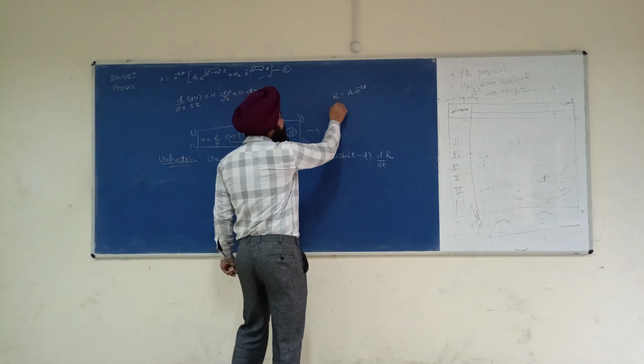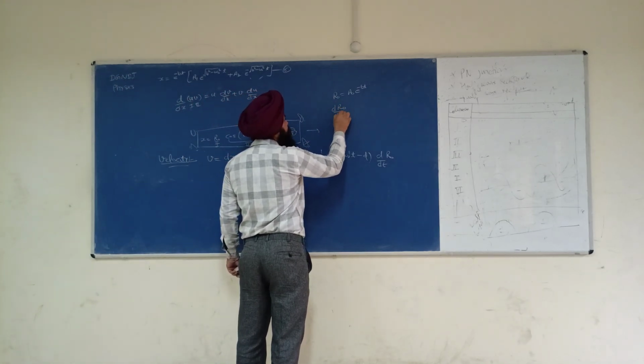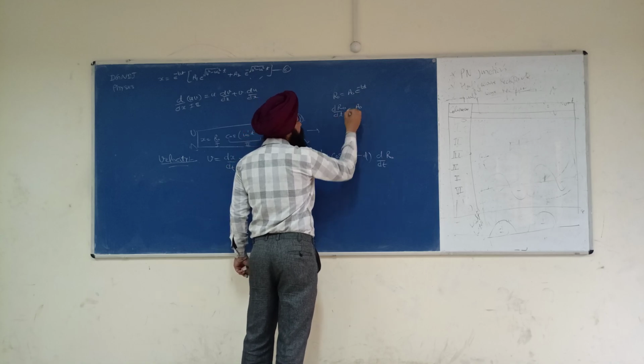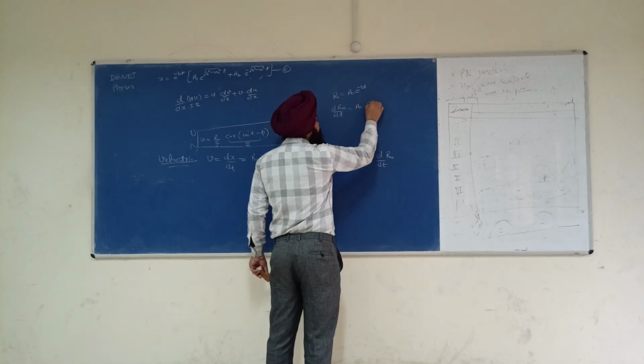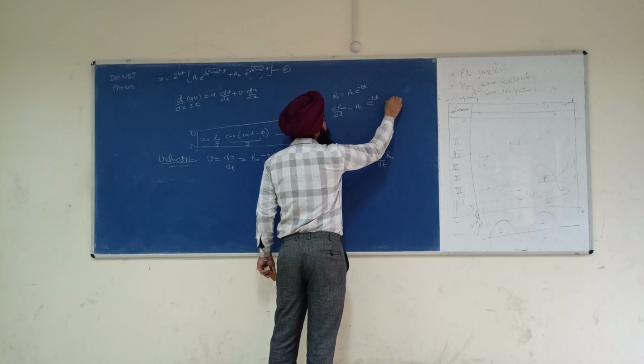Now please calculate dr by dt here. This is a naught constant, e to the power minus bt, into minus b.